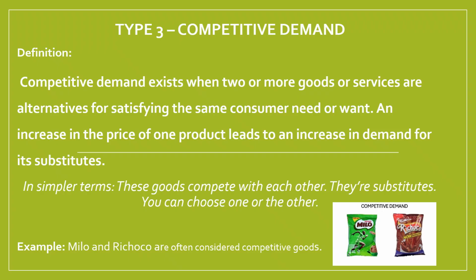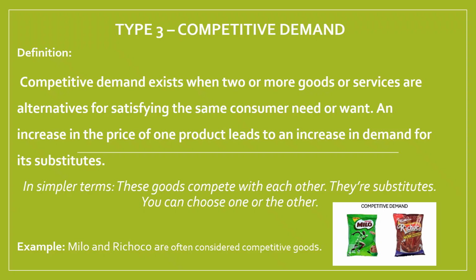An increase in the price of one product leads to an increase in the demand for its substitutes. In simple terms, these goods compete with each other. They are substitutes. You can choose one or the other.